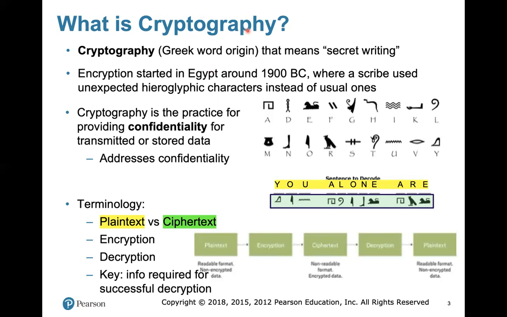And that way, even if I'm an attacker and I get physical access to your hard drive, I cannot ultimately read the data because they're encrypted. So that's why we say that the basic application of cryptography is to provide confidentiality.